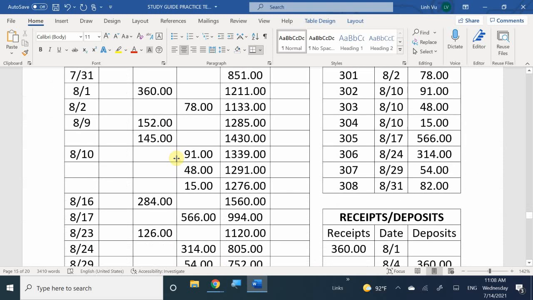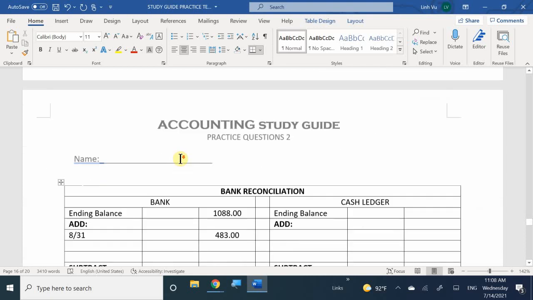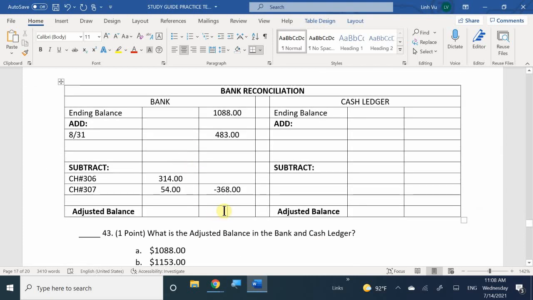All right. So what's my total adjusted balance here? I got 1939. I may be wrong. Yeah, because I added the 188.